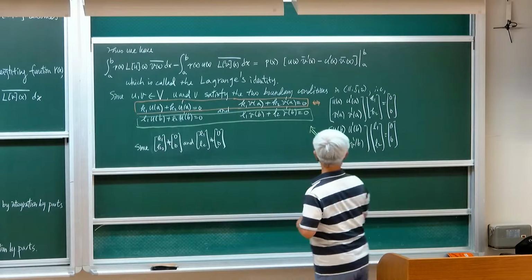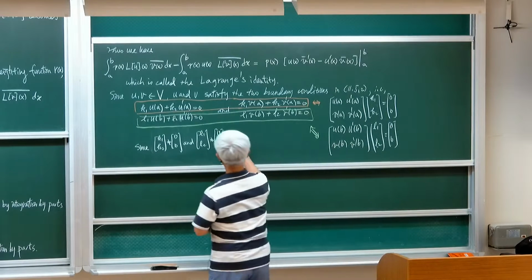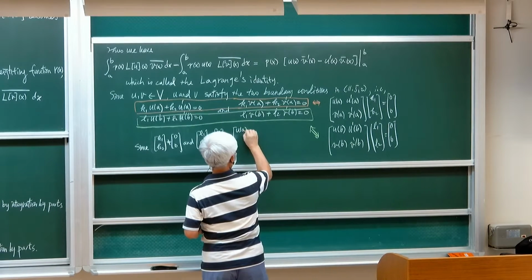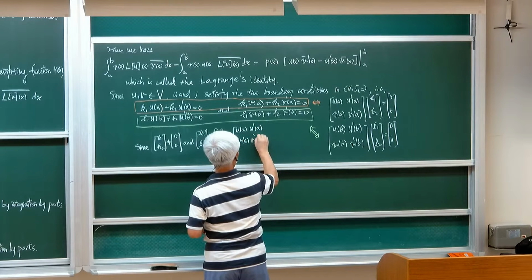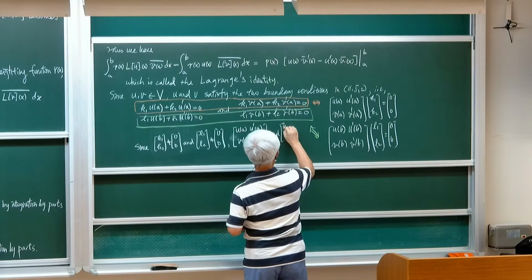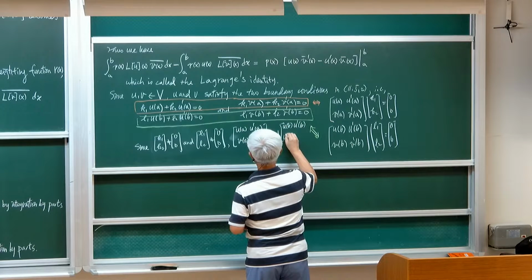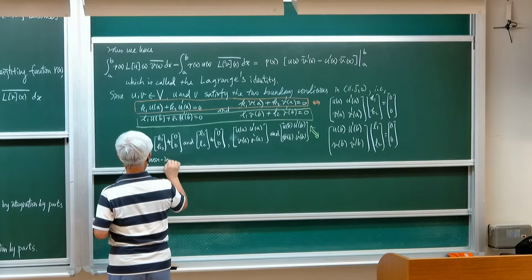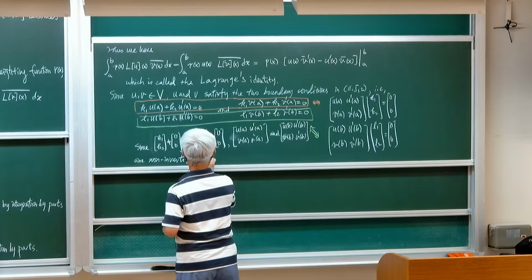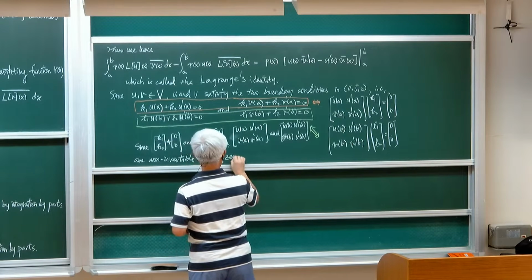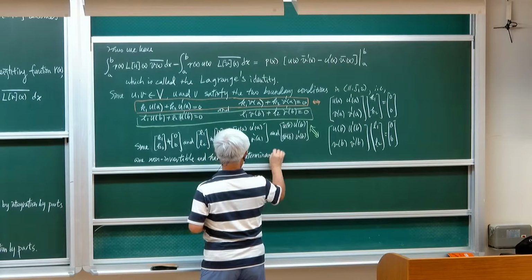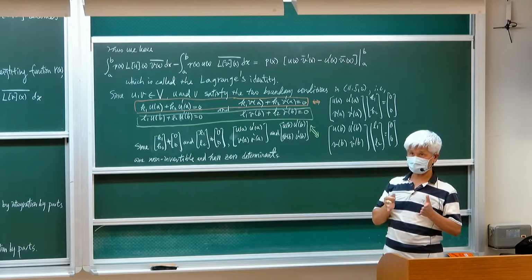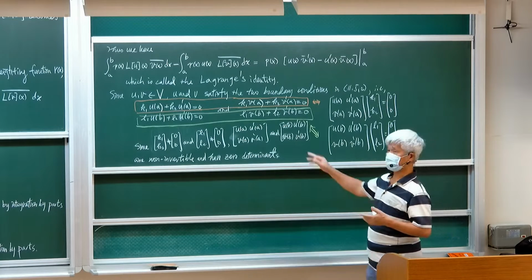All right, since these two solutions are non-trivial, we know these two coefficient matrices, U(A), U prime(A), V(A), V prime(A), and U(B), U prime(B), V(B), V prime(B), are non-invertible and have zero determinant. So their determinants should be 0.